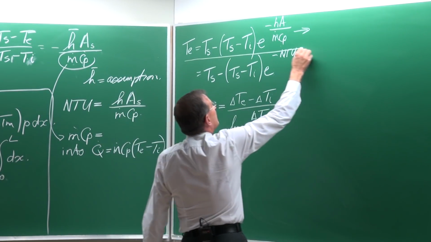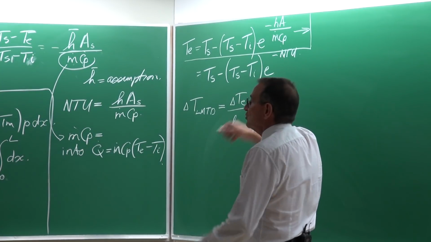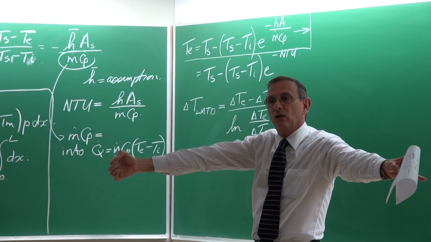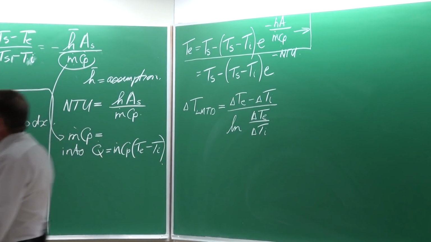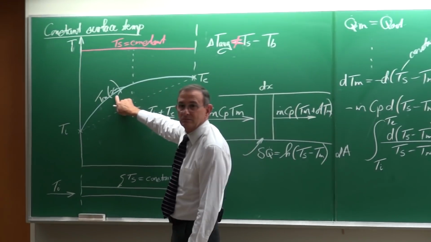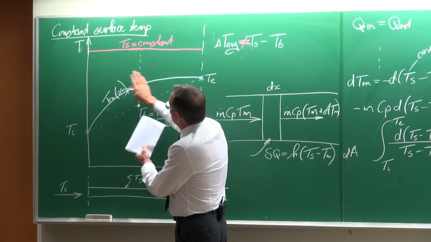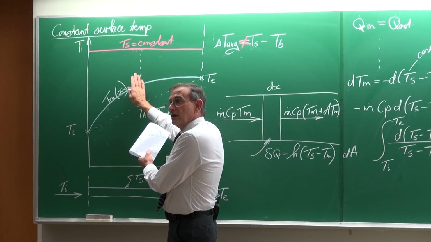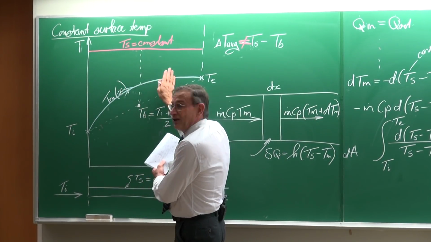Now this outlet temperature is at the moment written for the total length L. But maybe we are interested in getting the temperature at a specific point. That's very easy. You can just make the heat exchanger length shorter.